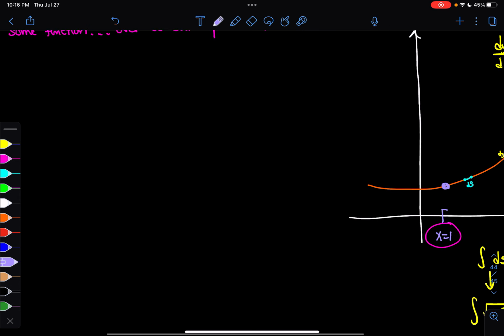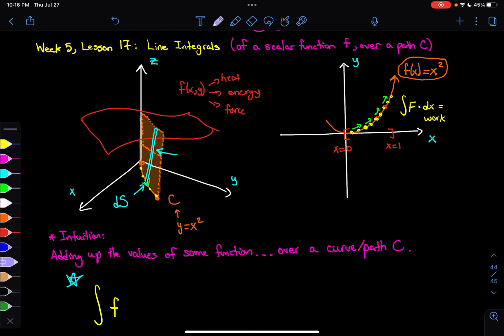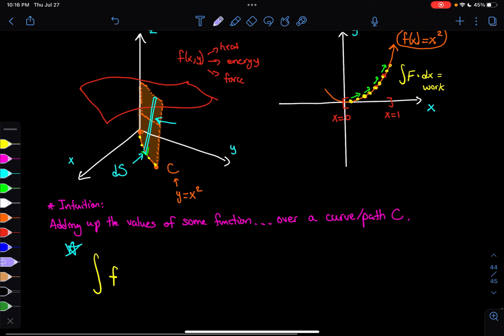So what was the point of doing all this? Let's go back to over here. I introduced this topic of a line integral, which is very similar to all of the integrals we've been doing so far: we're adding up the values of some function, but we're doing it over some curve C. Remember that our function is up here in red.